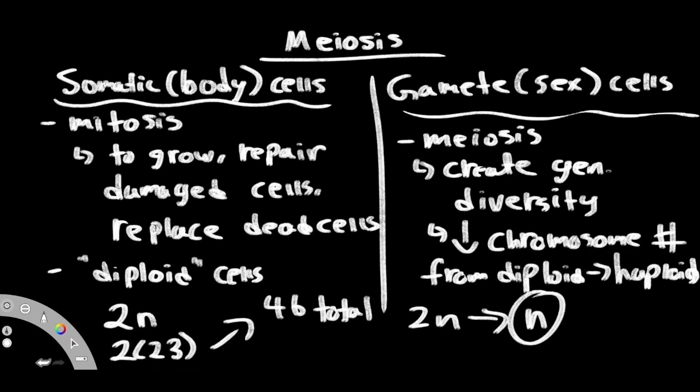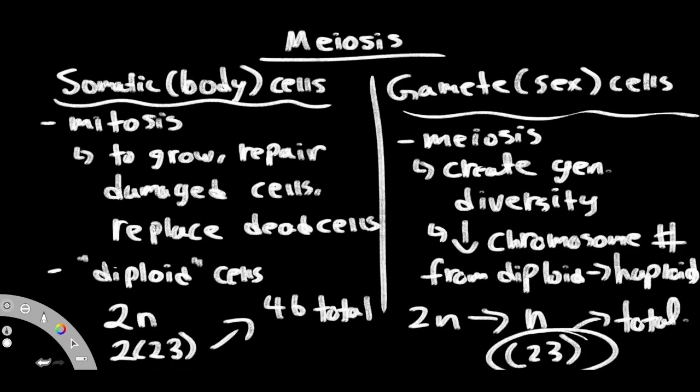We can't make this n value representative of pairs of chromosomes because pairs are always in 2, which is what a diploid is. If we don't have that 2, this is not a pair, so this is just 23 chromosomes in total. Because we only have half the number of chromosomes, where is the other half going to come from?